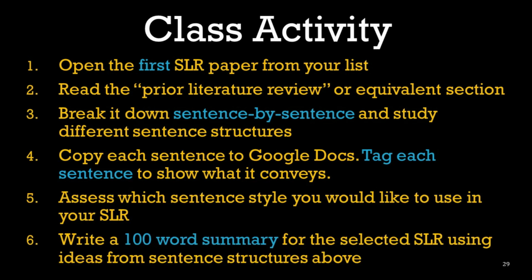So locate that, break it down sentence by sentence, the way I did it in the examples here. Copy each sentence to Google Doc and tag each sentence to show what it conveys. What style would you like to use in your SLR? And write a 100-word summary for the selected SLR using the ideas that I have given to you.